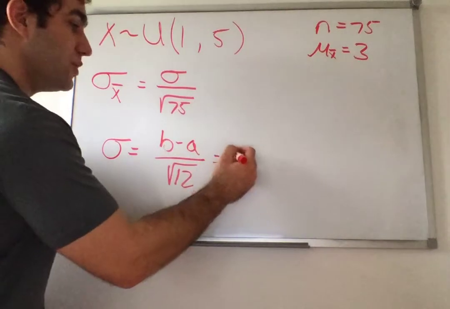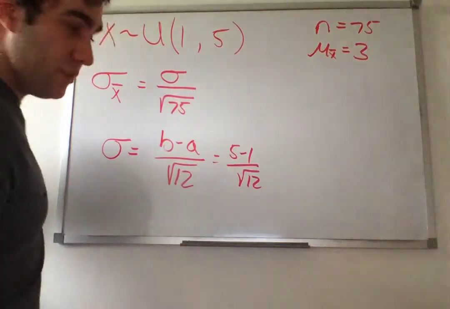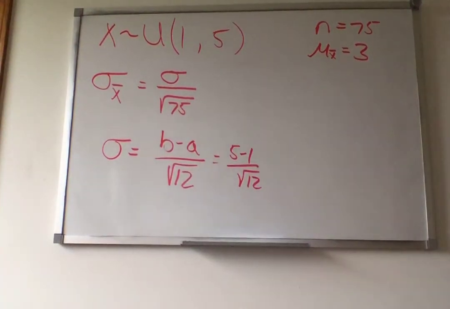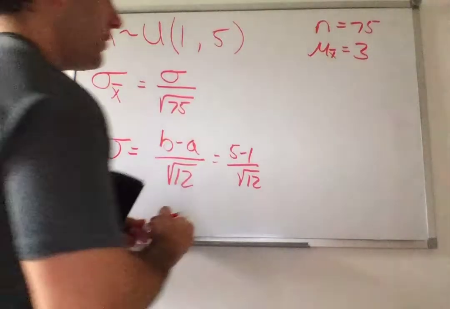Well, this is equal to 5 minus 1 divided by the square root of 12. And then we're just going to punch this in on the calculator to get an actual number. 5 minus 1 is 4, so 4 divided by the square root of 12. This is going to give me 1.154.